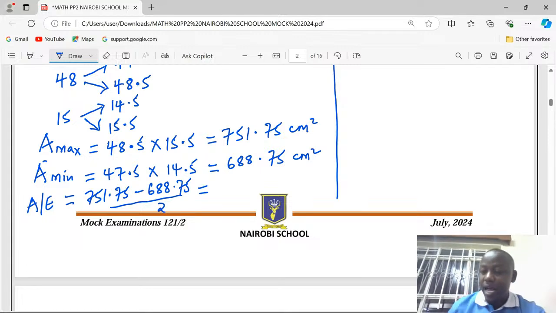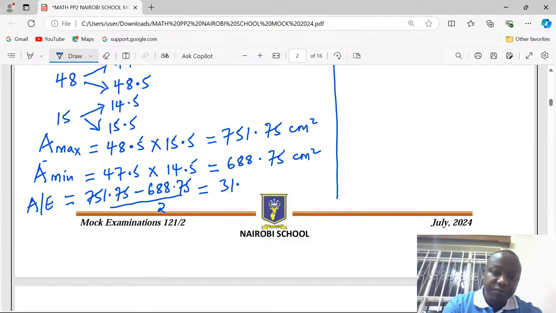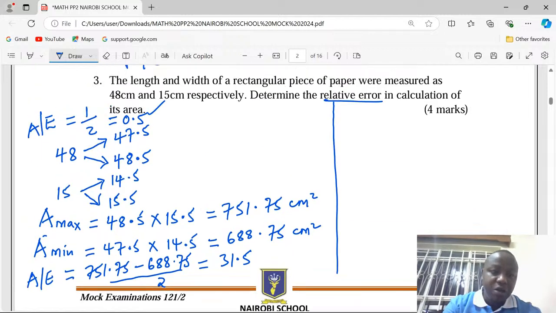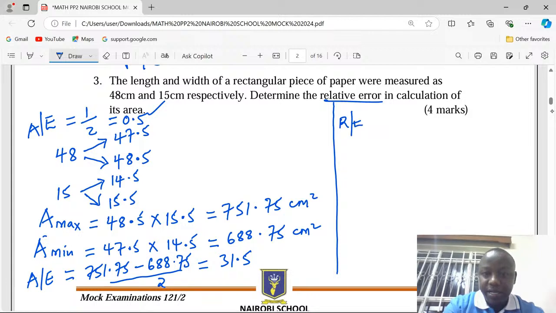So this will give us an absolute error of 31.5. With absolute error, getting the relative error now becomes very easy because we just need absolute error out of the actual area.